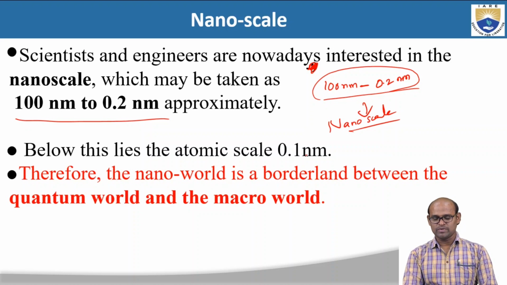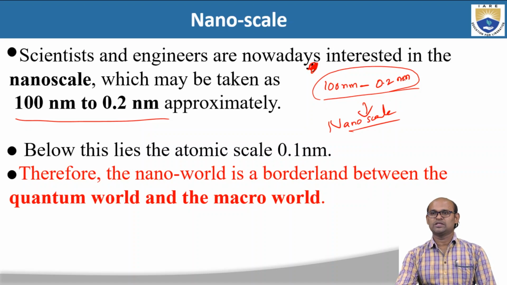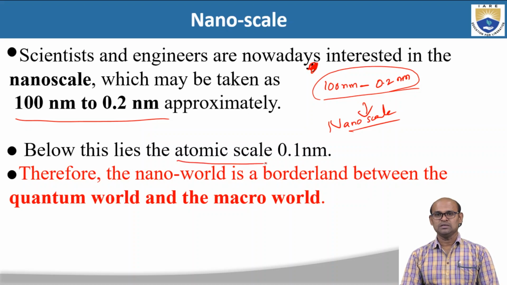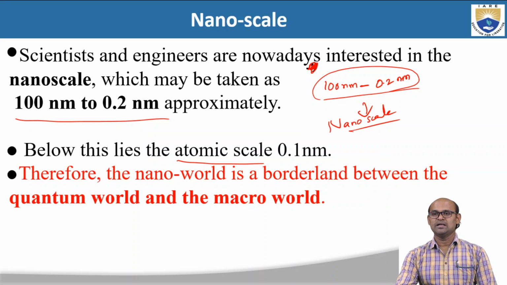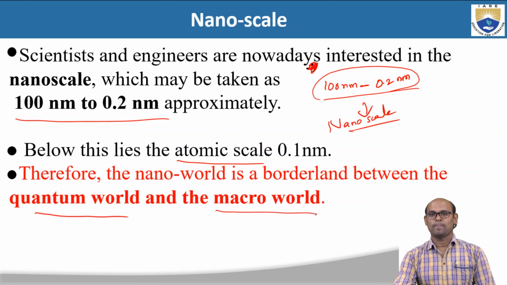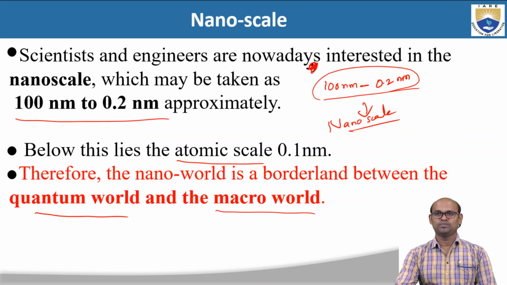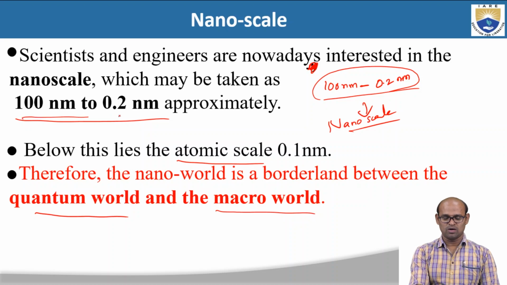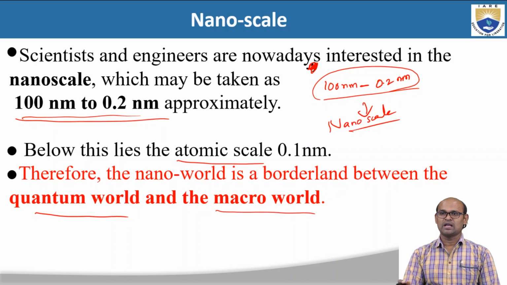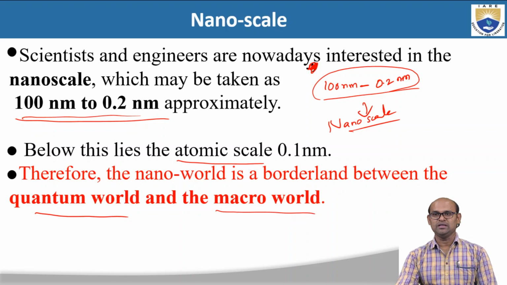Below this lies the atomic scale, which is around 0.1 nanometers. Below 0.2 nanometers, we go to the atomic scale. Therefore, the nano world is a borderland between the quantum world and the macro world. We are neither in the macro world nor in the quantum world.